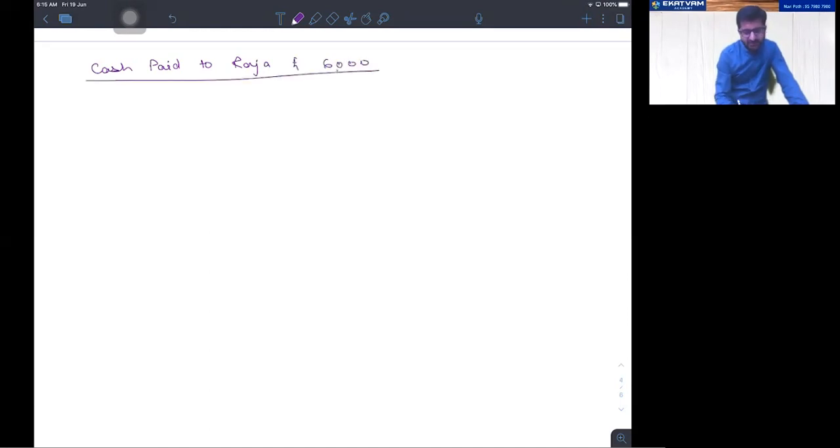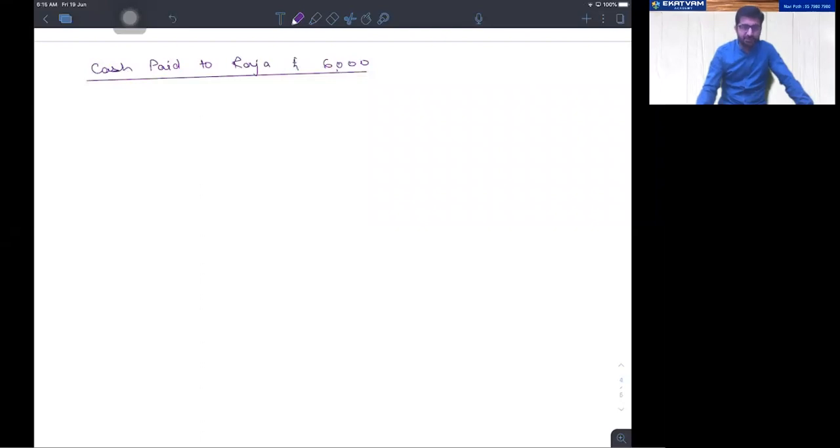Let's say this is a transaction in front of us, and we need to do the accounting for this transaction. Every transaction will first be recorded in the journal. From the journal, there will be the posting of that transaction to the ledger.